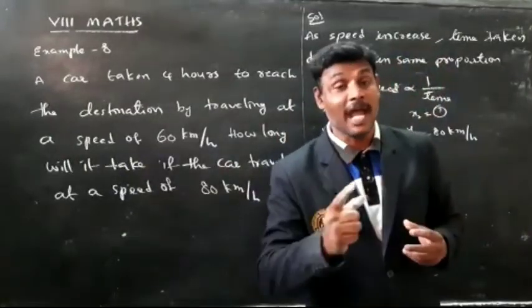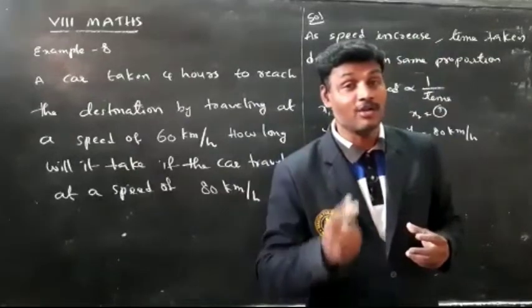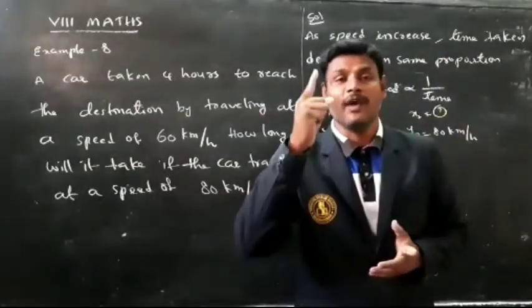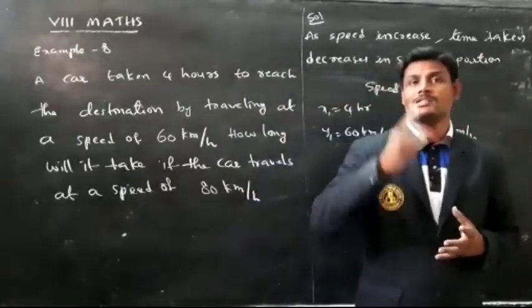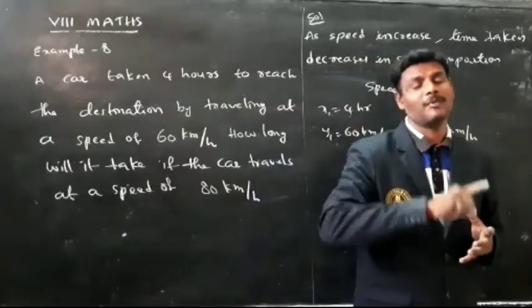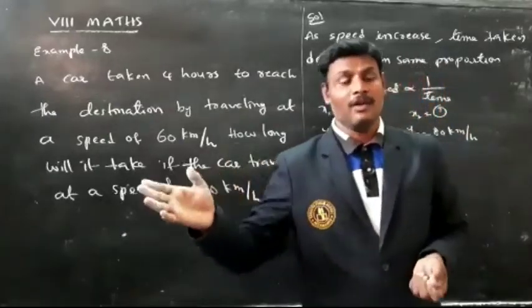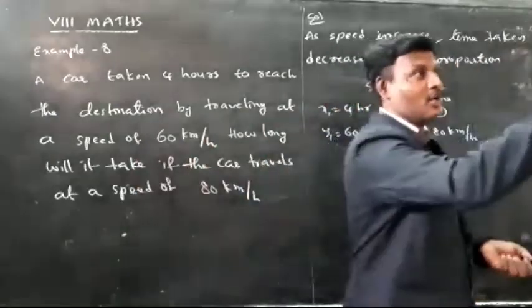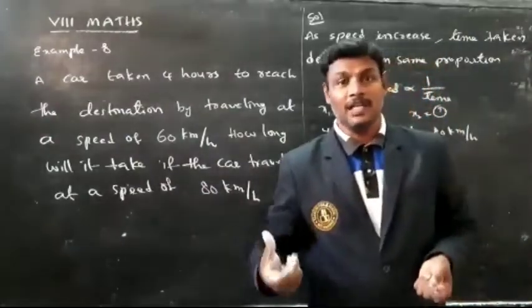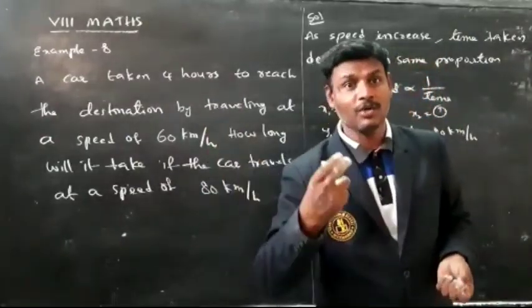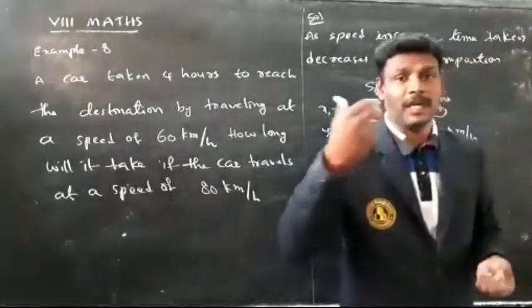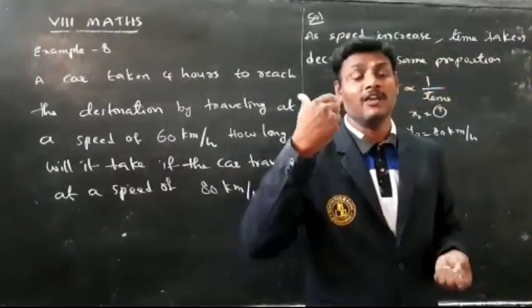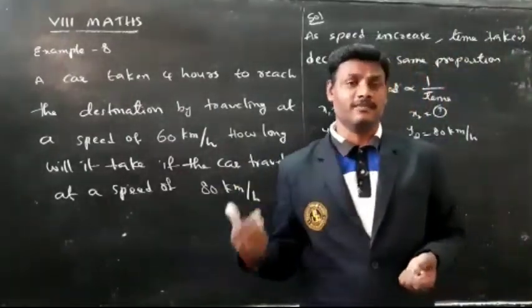Then what is the time taken by the car to reach the destination? You have to find the time. Speed and time are always inversely proportional. If speed increases, the duration of time decreases. If speed decreases, the duration of time increases.